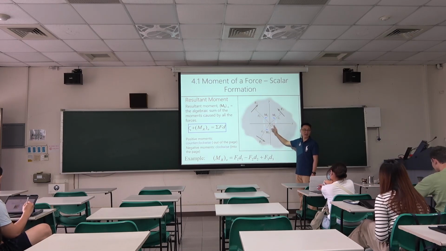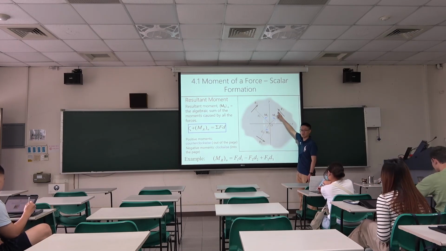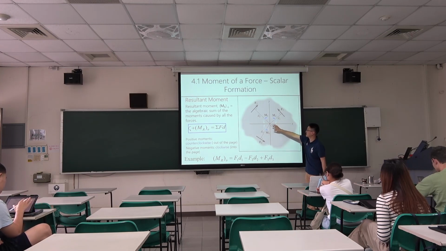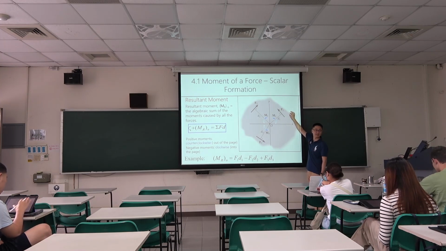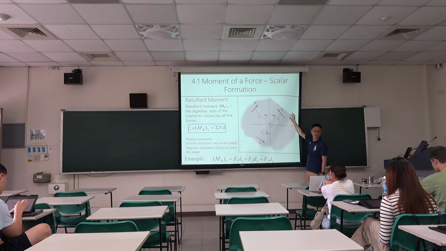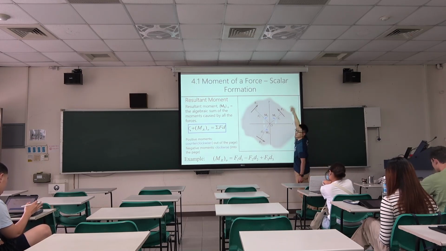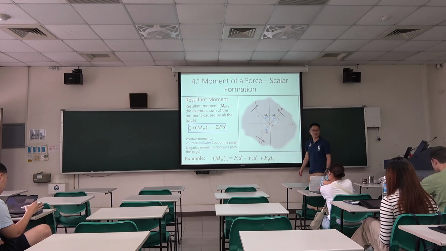If you consider this point, everything we calculate uses this point. But for example, I move the point to here. F1 will give a negative component because F1 gives clockwise.